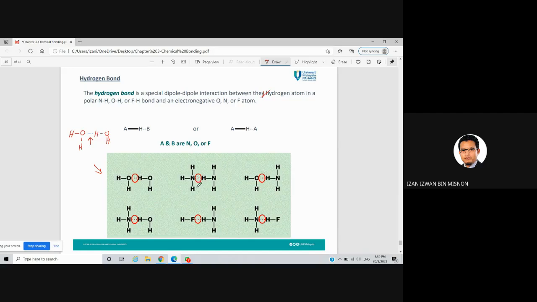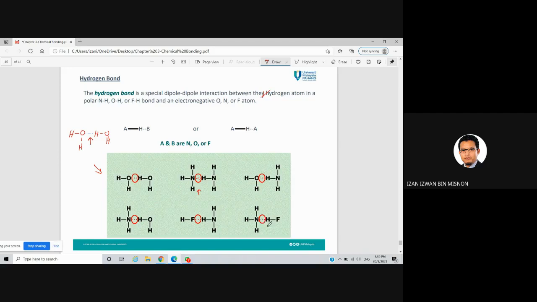Okay. In the case of ammonia, for example, here we have NH3, and there will be a hydrogen bond from nitrogen to hydrogen of the adjacent ammonia molecule. So anything that contains hydrogen and can interact with an adjacent nitrogen, oxygen, or fluorine can form a hydrogen bond.